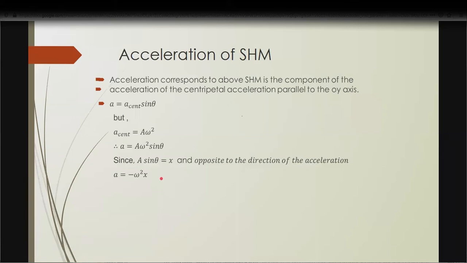A very common question is to show that the motion of a simple pendulum is a simple harmonic motion. Then you should be able to show the acceleration of the object can be expressed as a equals minus omega squared x.